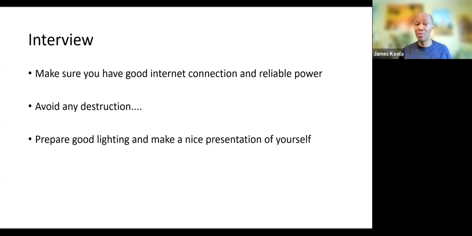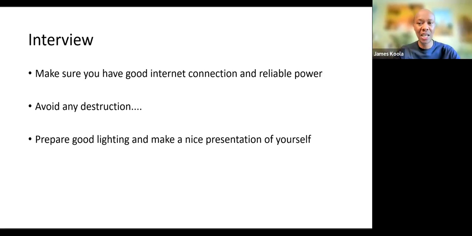When you are interviewing, make sure you have a good internet connection and reliable power. If you have some backup, that helps. We know in our country we sometimes have power problems, but when you are interviewing, try to do the best you can. Avoid distraction and find somewhere quiet. Practice Zoom etiquette and Zoom lighting.